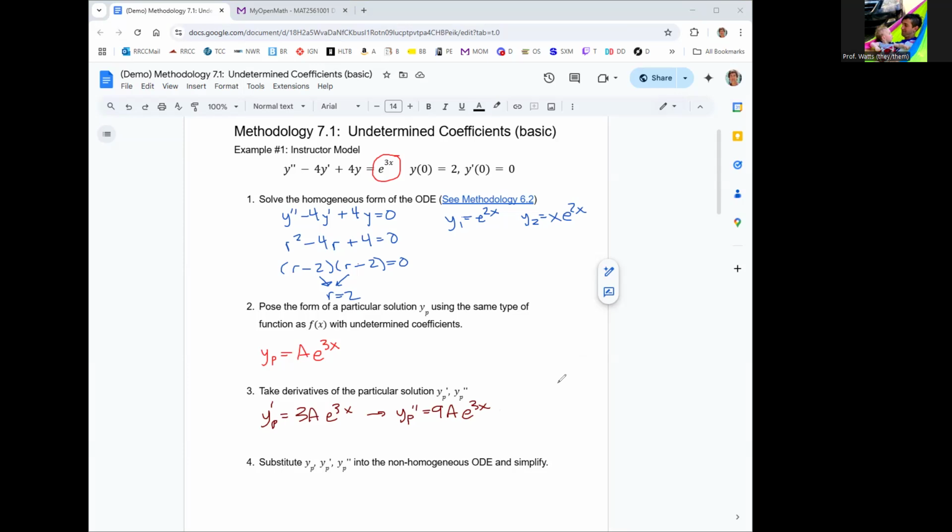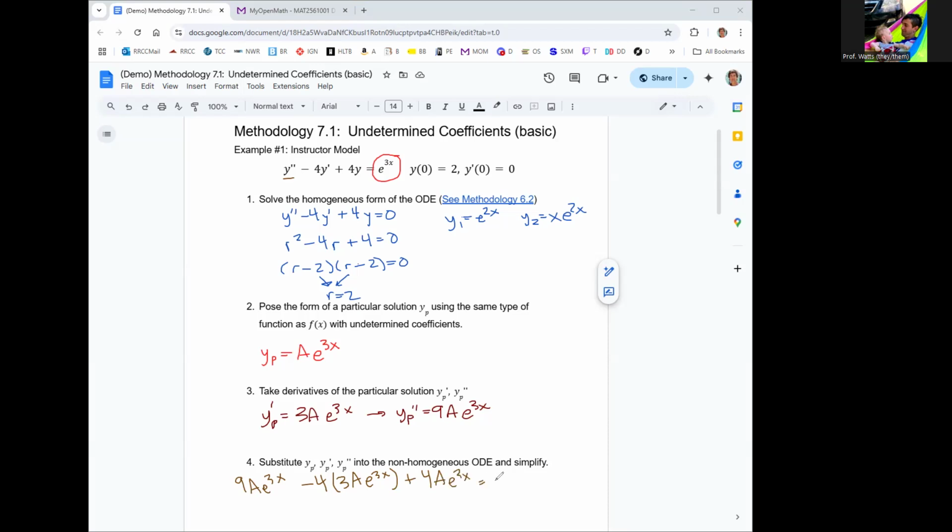Once you have those, you're ready to substitute the results from steps 2 and 3 into the non-homogeneous differential equation that was given at the very beginning. For that second derivative, we'll use the 9A e to the 3x, and then minus 4 times the first derivative, 3A e to the 3x, and then plus 4 times the particular solution itself, A e to the 3x.